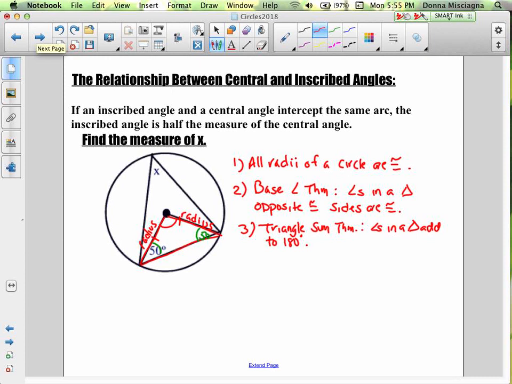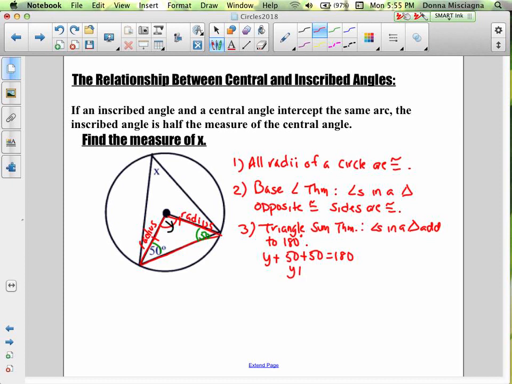All right, so now we can find the measure of that central angle. Let's call this, we don't want to use x because we've got an x there, let's just call this y. And why not? So y plus 50 plus 50 adds to 180.